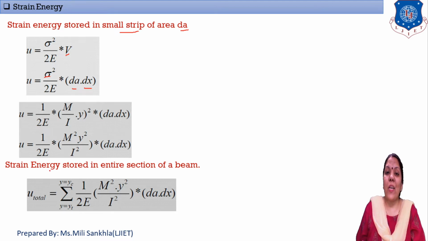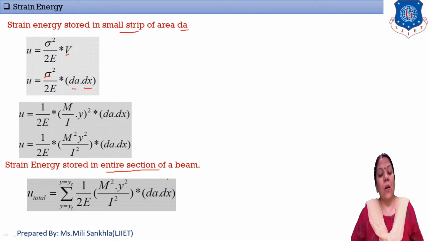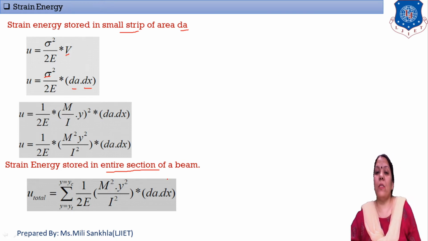Now the strain energy stored in an entire section of the beam. Again, next step: this is for the entire section, and then we go for the entire beam. For the entire section we find the total strain energy, and this strain energy is between two zones, tension zone and compression zone, because here our beam is simply supported, subjected to UDL load.